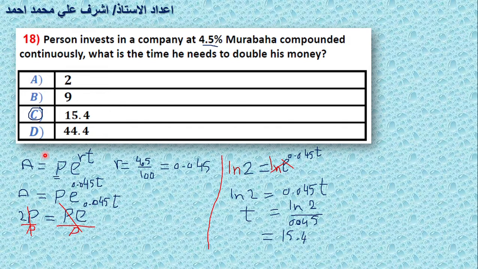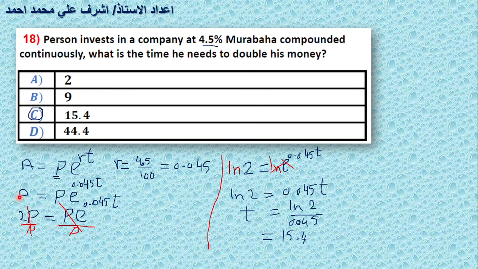The rule of continuous compounding is A, the final amount, equals principal amount times e to the power of the rate in decimal form times time. Now the rate is 4.5%, so r equals 4.5 over 100 equals 0.045.